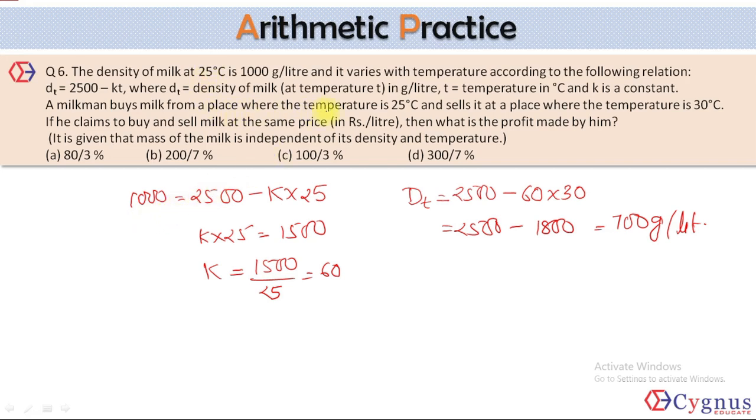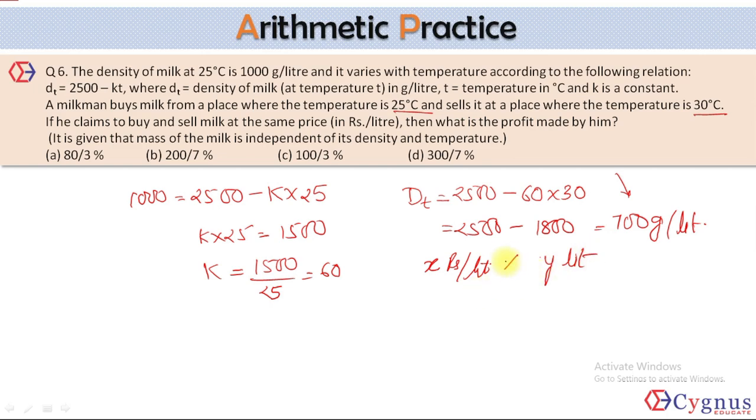How do we solve this question? It's given that initially the temperature was 25 when he purchased the milk, and when he is going to sell the milk, the temperature will become 30. Because of that, there will be a drop in the density. Let's assume that the price of milk was X rupees per liter, and he purchased Y liters.